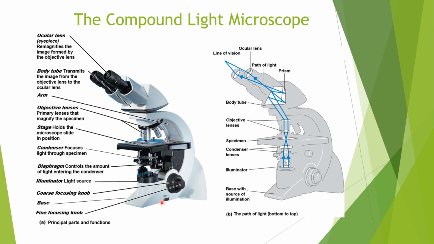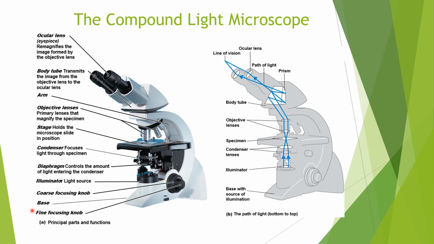Right here there is a little knob where you can control the lighting, how much light you want to shine on your specimen, if you want to make it brighter or dim the light. You have those knobs right here. There's the coarse knob, which by rotating it, you can start viewing the specimen. If you want to focus your image because it's blurry, you can use the fine focus knob.